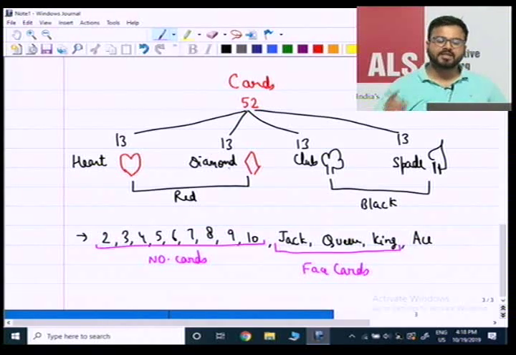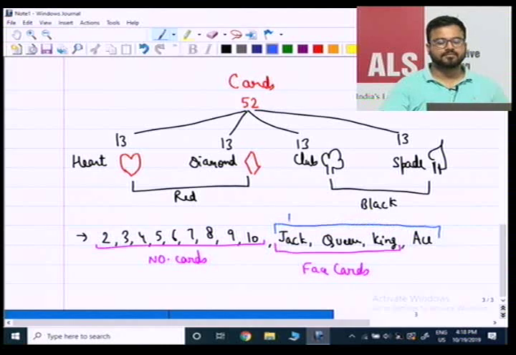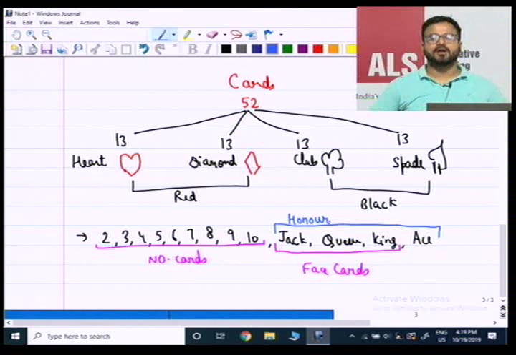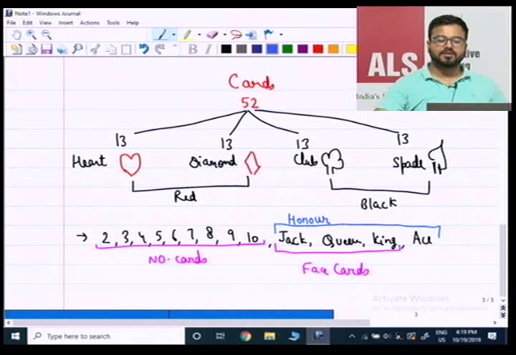If we combine jack, queen, king and ace all together, that is known as honor cards. So a total of 16 honor cards, 12 face cards and 36 number cards are there. Based on this information, we have to solve the questions based on probability.